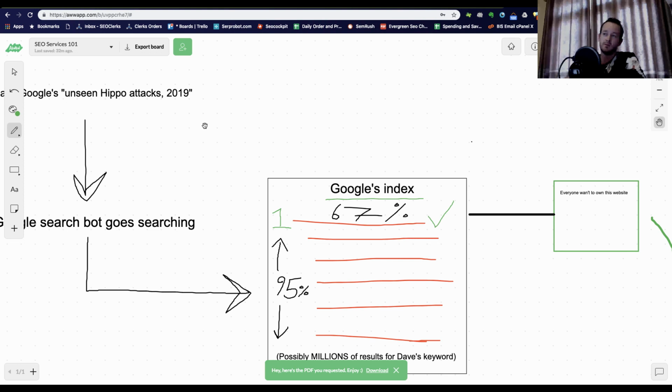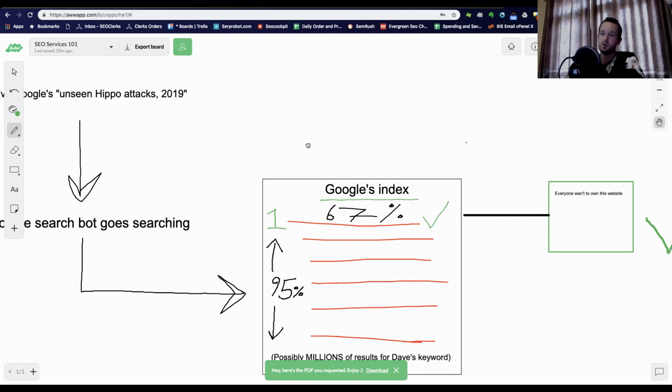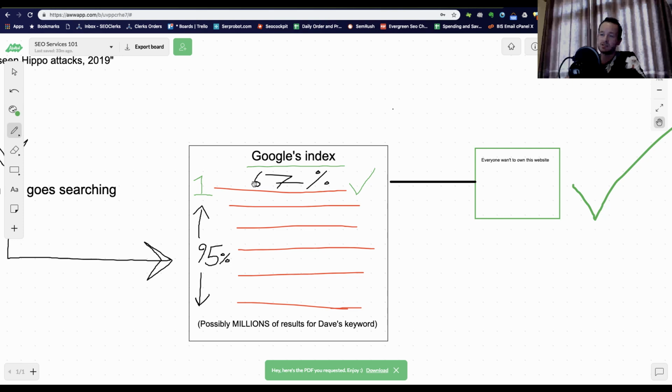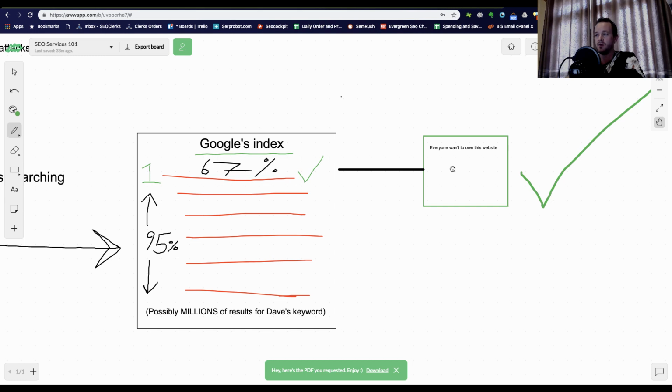If there are 100,000 people a month, there are probably more actually for a keyword like that, searching for this keyword, and 67% of those people, 67,000 people, basically land on your website here on position 1, then the owner of this website has a lot of people to play with.